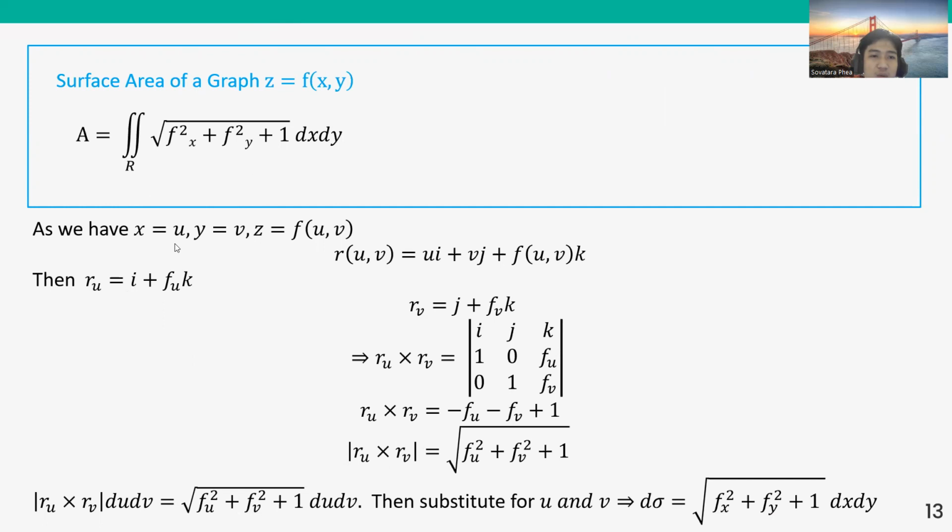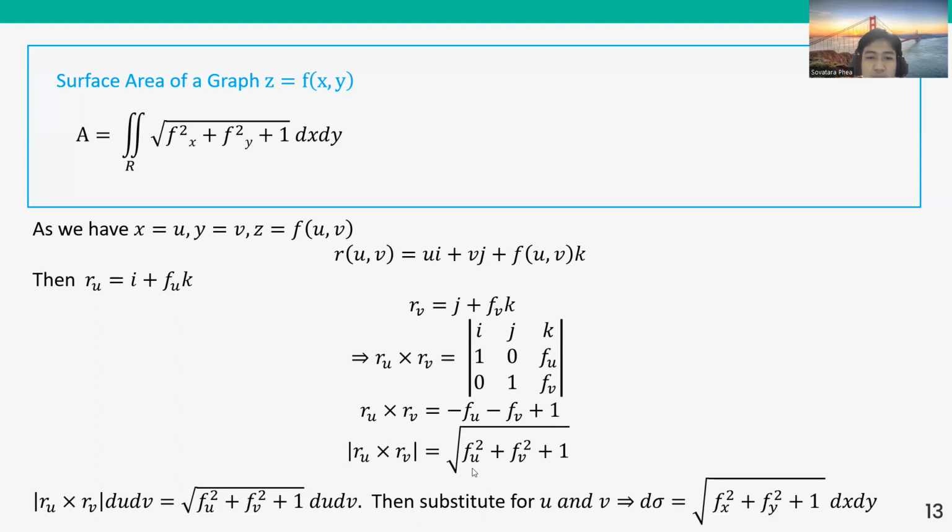So we have x equal to u, y equal to v, and z equal to f of u and v. And here is the vector function of u and v equal to ui plus vj plus f of u and v k. And then we have to find the partial derivative r over u and r over v, and then use the cross product between them and find the absolute value.